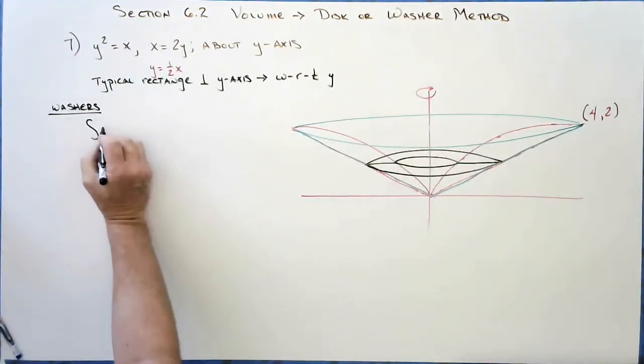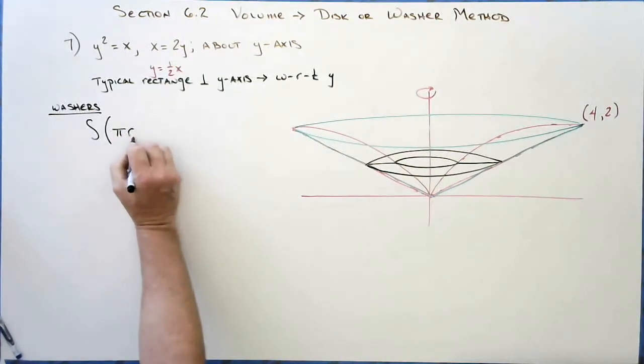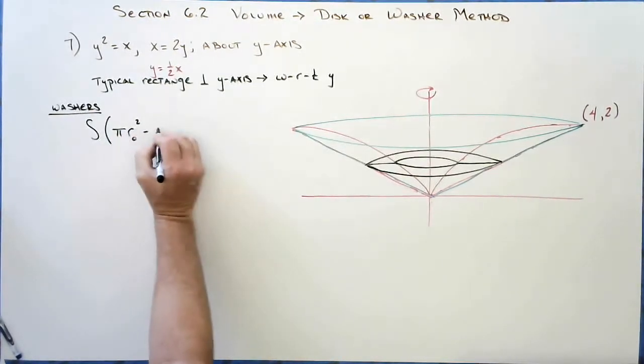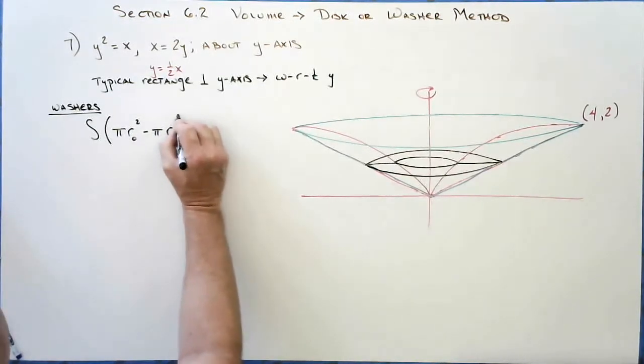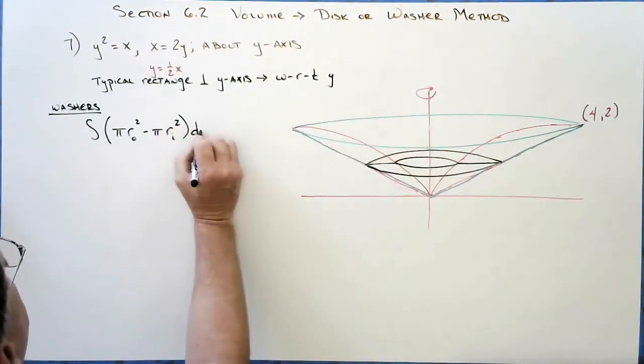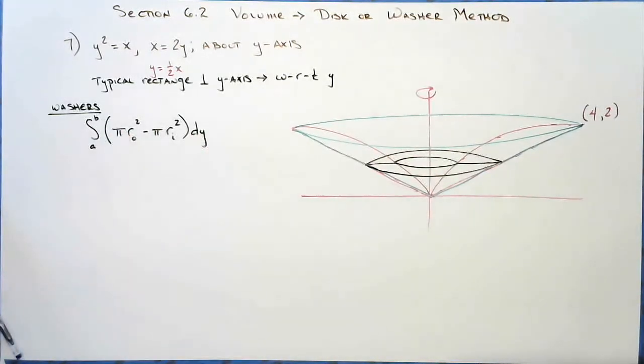And we know that to do washers, our integral is going to be pi times the outer radius squared minus pi times the inner radius squared, and in this case, it's going to be dy, and then we're going to go from A to B. That's our method of washers.